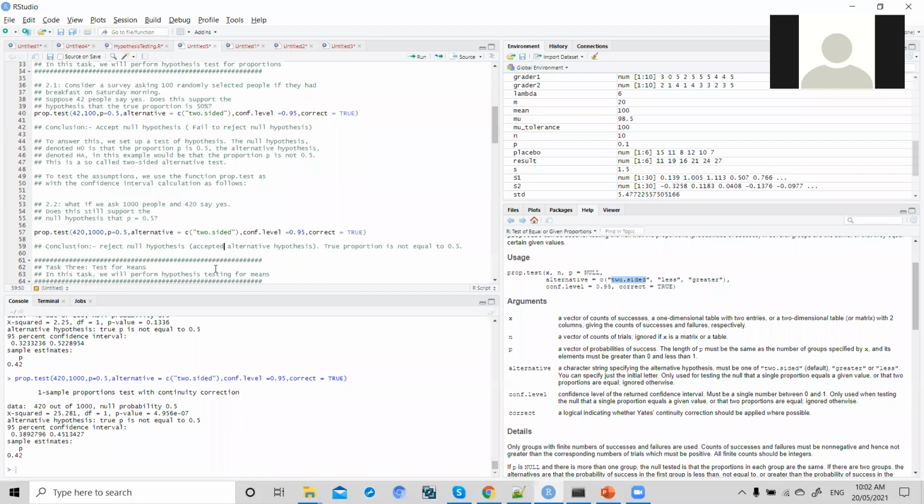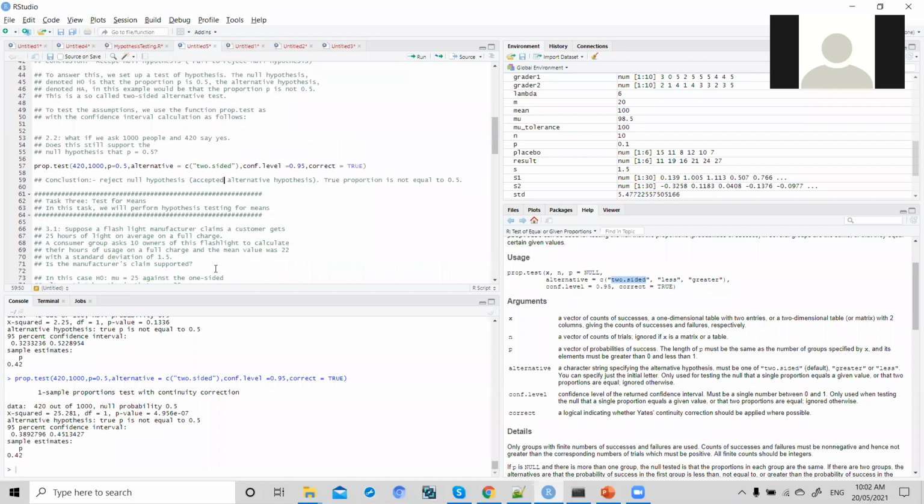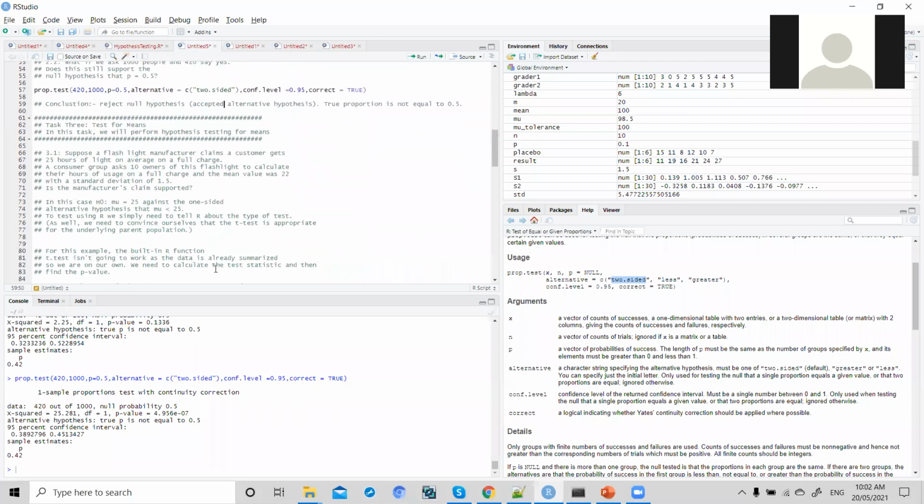Okay. Now we have another question here. Suppose a flashlight manufacturer claims a customer gets 25 hours of light on average on a full charge.